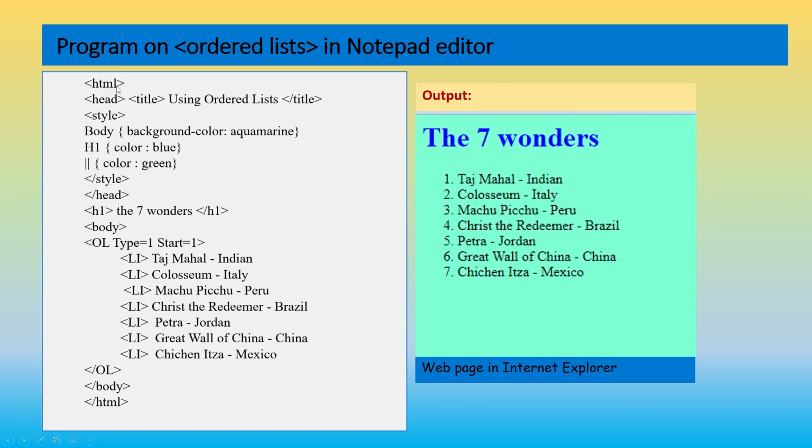See, HTML, head and title, and the end of head with slash head, and body and HTML. These are the basic HTML structure that every program will have. We need to specify the attributes, these colors of the text and all.